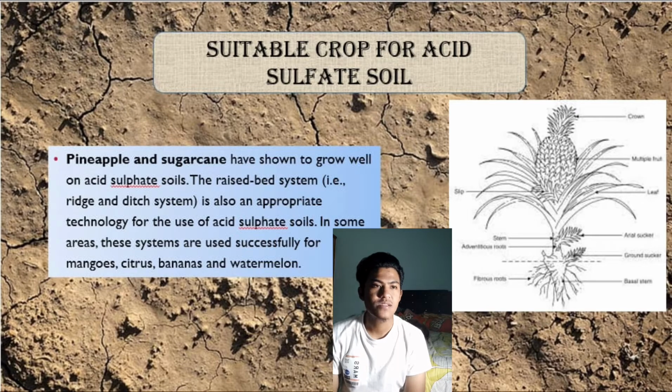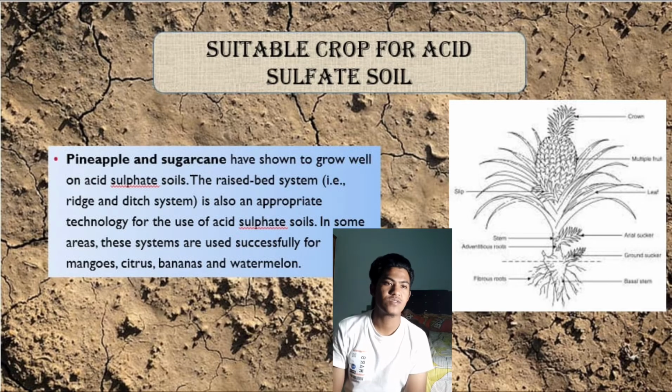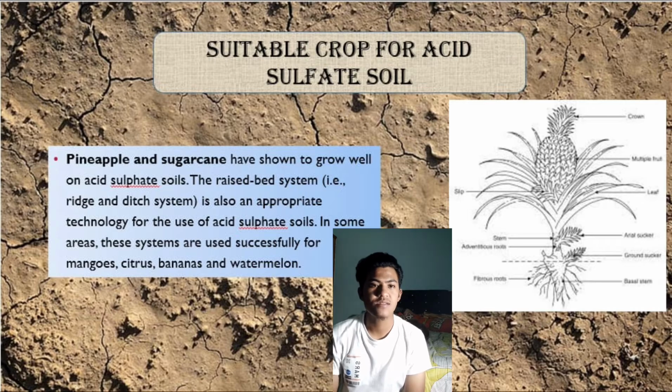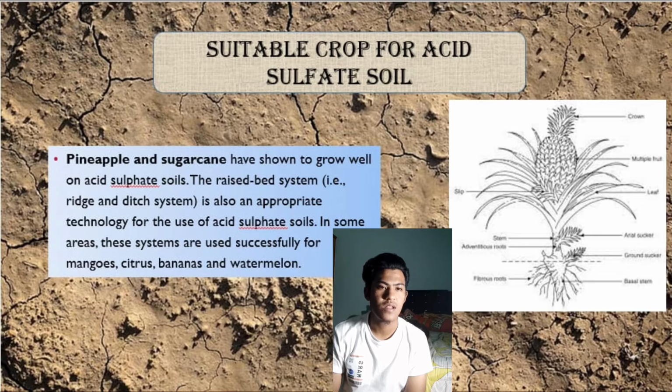The raised bed system, i.e. ridge and ditch system, is also an appropriate technology for the use of acid sulfate soil. In some areas, the system is used successfully for mangoes, cactus, bananas, and watermelon.